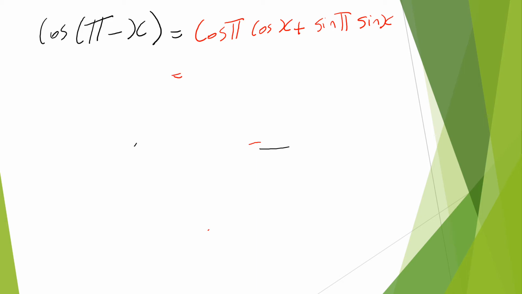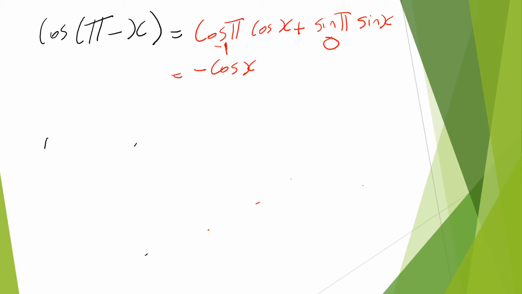Now cosine 180 is -1, so that's why it's negative cosine x, and sine 180 is 0, so that removes the whole term. The final answer is negative cosine x, so you can see that you simplified the expression.